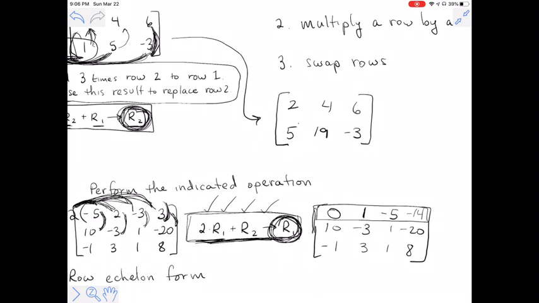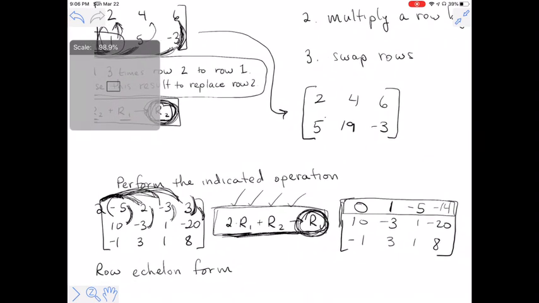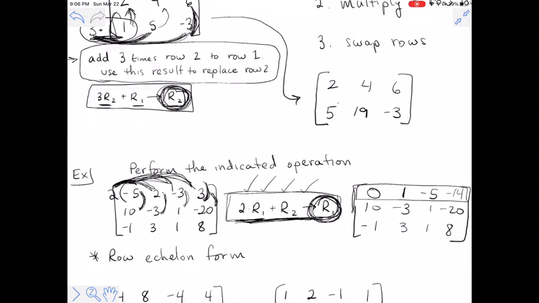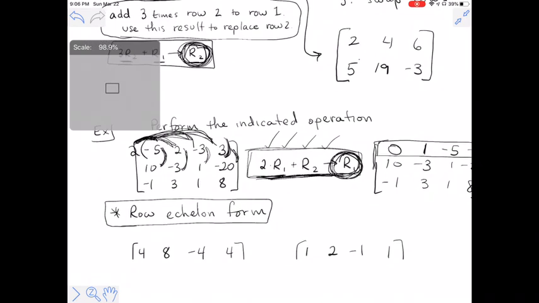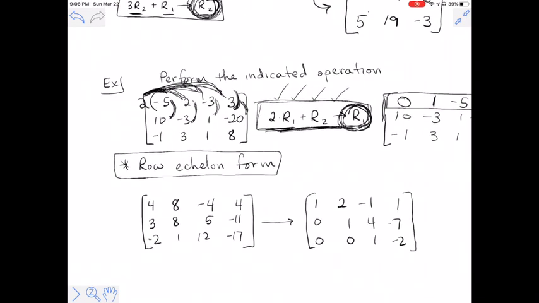And the objective is to write a matrix in what's called row echelon form. You start with an augmented matrix. So you can see I have an example here. This is just an augmented matrix.